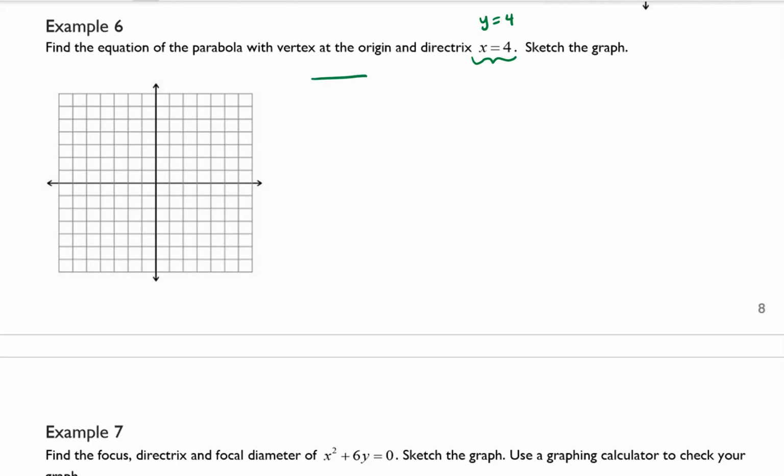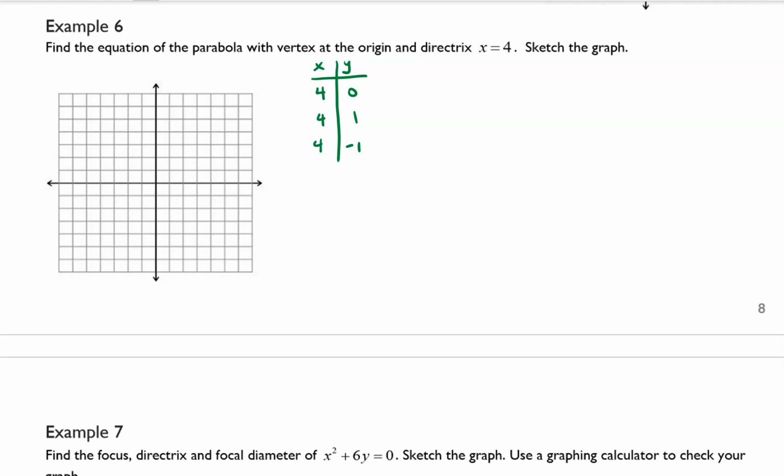So my suggestion is I always tell students to make an XY table. The first equation that they gave us, x equals 4, means that no matter what your y value is, your x value is always going to be 4. So it'd go through the points like (4, 0), (4, 1), (4, negative 1).